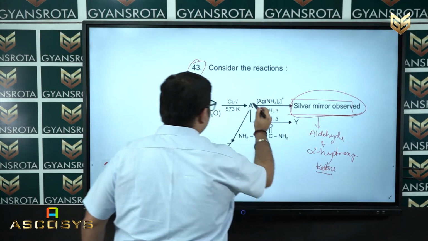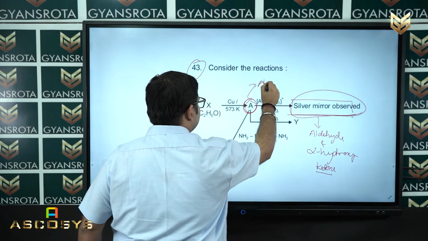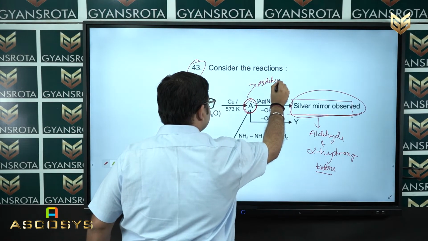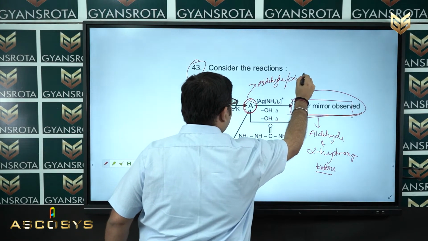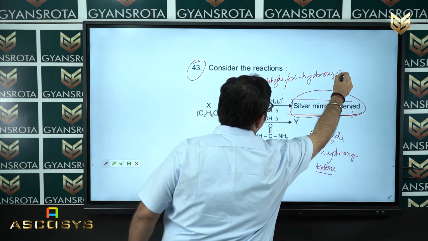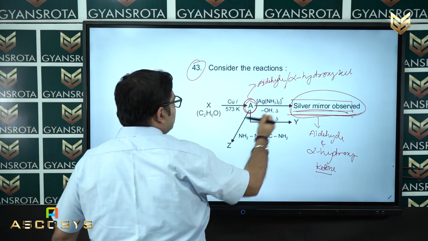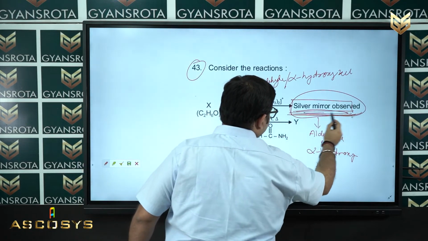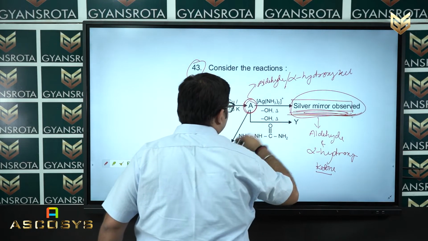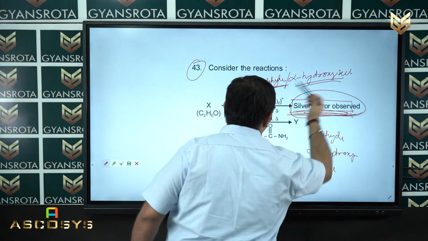So, it means whatever A is, it should be your aldehyde or an alpha hydroxy ketone. You just focus on the silver mirror test. If you know who will give the silver mirror test positive, you can easily answer this question. So, who will show the positive test? One is aldehyde, another is alpha hydroxy ketone.